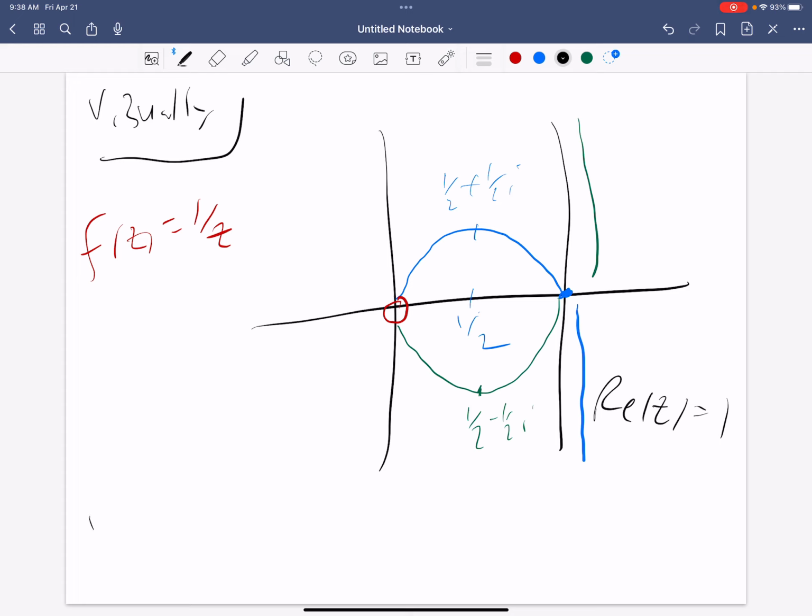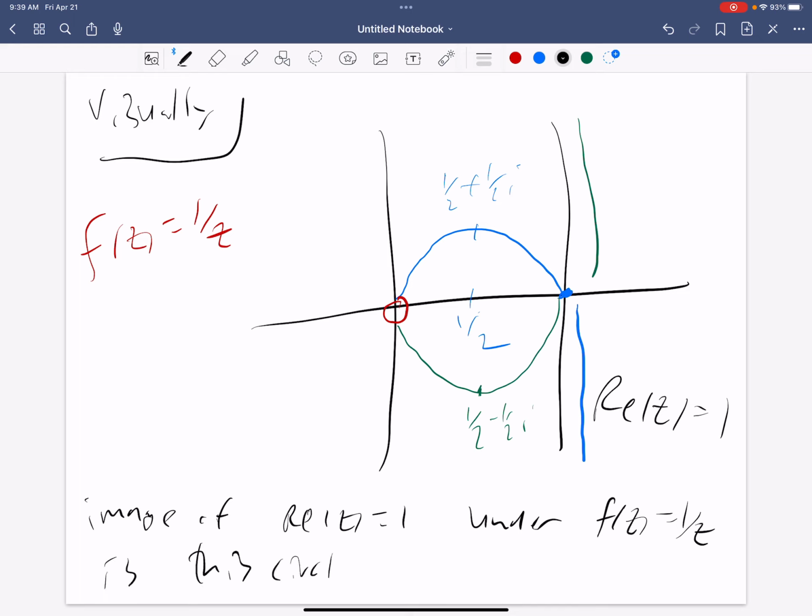So the image of the real part of z equaling 1 under this map is the circle missing precisely 1 point, which is w equals 0. So this part of the line here becomes this top half of the circle. This part of the line up here becomes this bottom half of the circle.